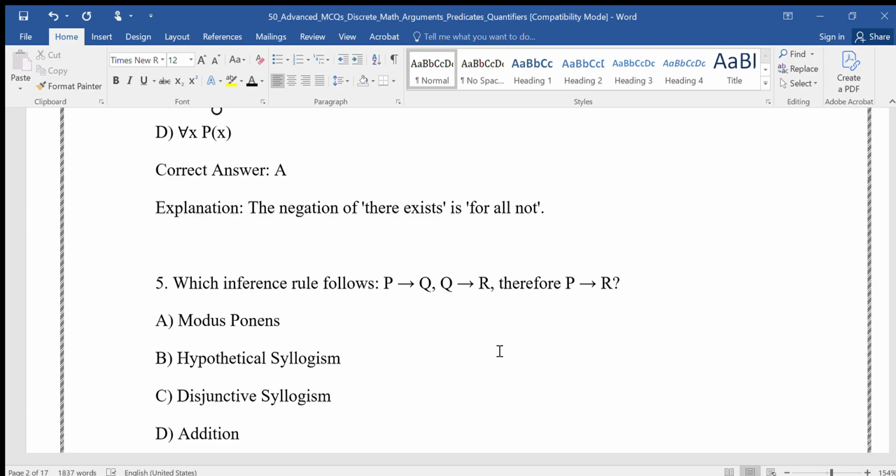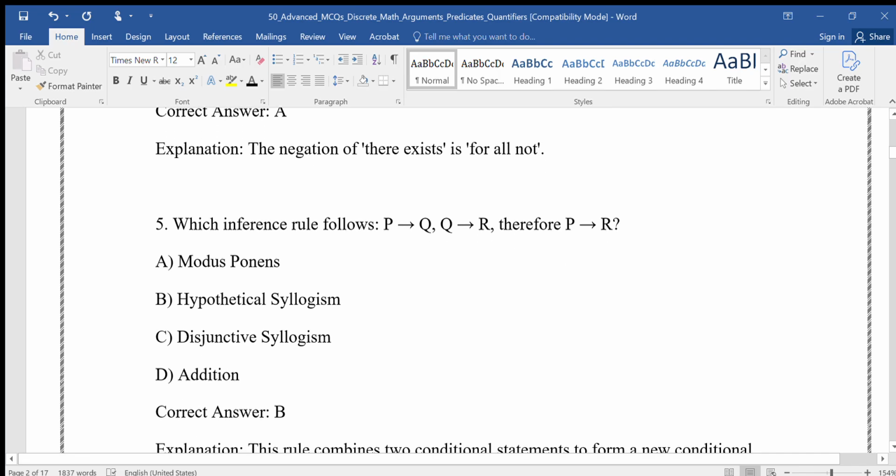In case of the reflexive property, it is like the same element; in case of symmetric, A with B and B with A; and in case of the transitive property, A implies B, B implies C, so A implies C.